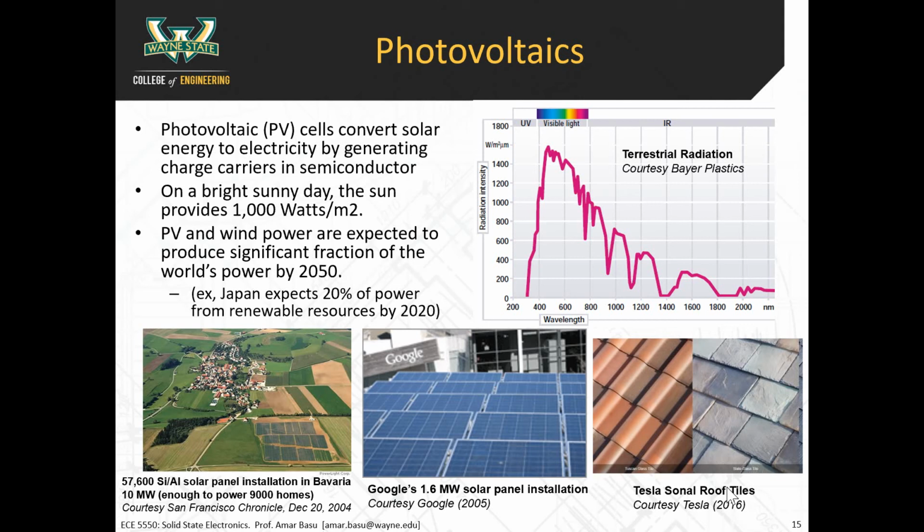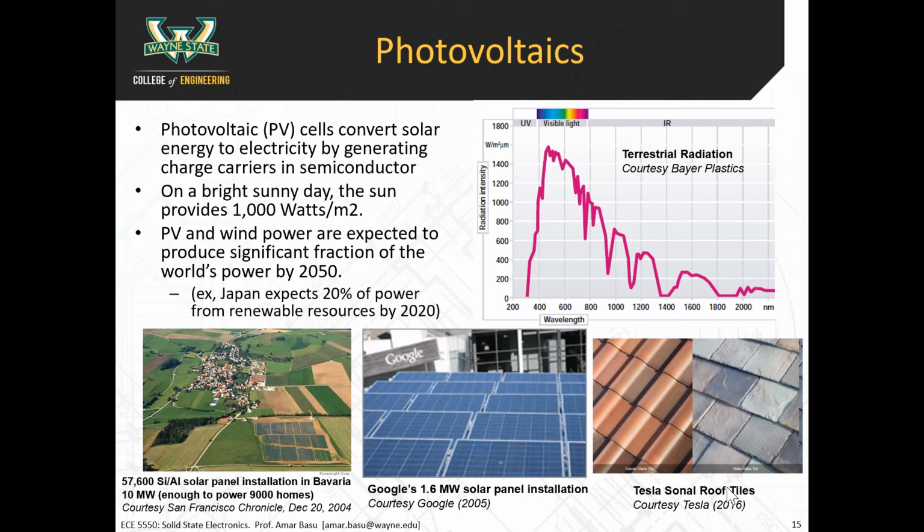Obviously, you all know that solar energy is a big part of the solution to fight climate change and to have renewable energy. A key point I like to always remind myself is that on a bright sunny day you can get 1,000 watts per meter squared. That's a lot. A kilowatt per meter squared of area. So that's quite a bit of energy that can be produced if you're able to harvest that energy from the sun.